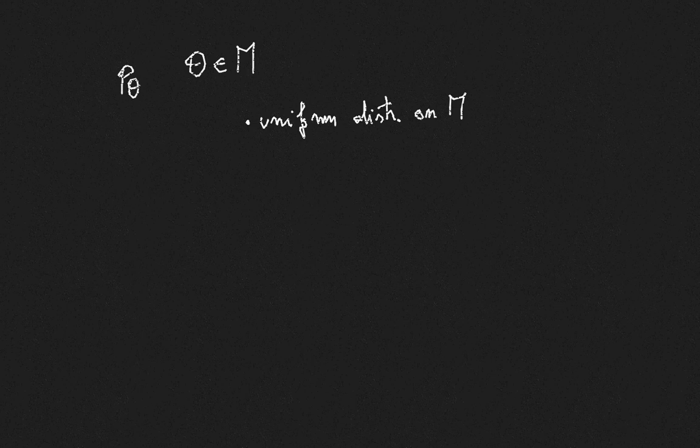Also, it depends on the parameterization. For example, take the example from the beginning. You have one-dimensional normal distributions, and you can parameterize them with mean and variance, or with mean and precision. Now, the uniform measure on mean and variance and on mean and precision are quite different one from the other, so it's not the same.